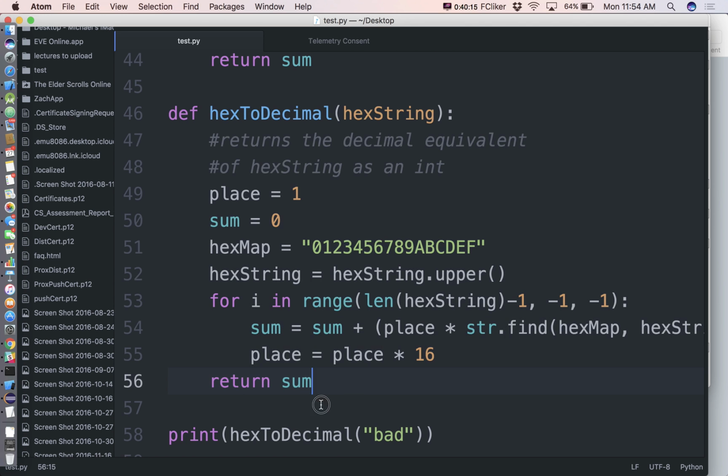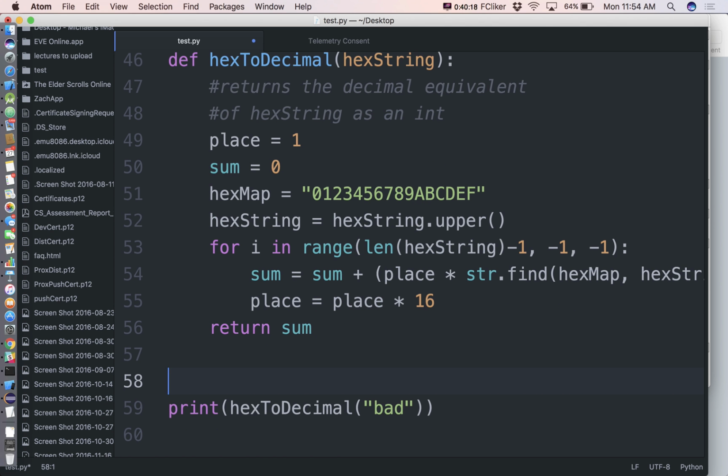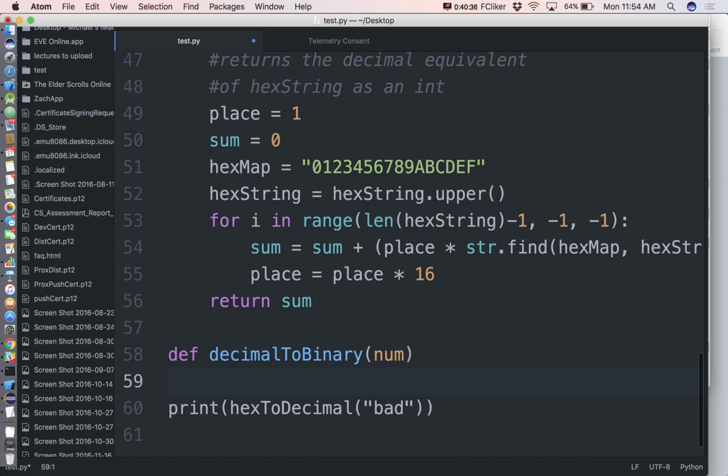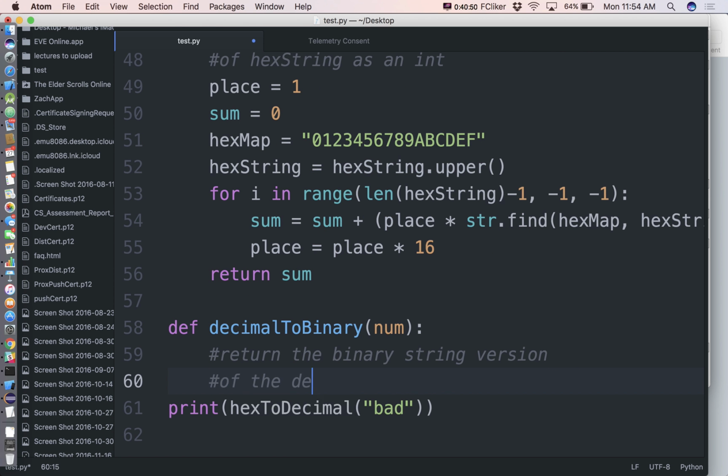All right, so your next assignment for Wednesday, I'll start it off here, and I'll put up the solution to hexadecimal, is going to be decimal to binary. Isn't binary just 0 and 1? Yep. This function should return the binary string version of the decimal num.